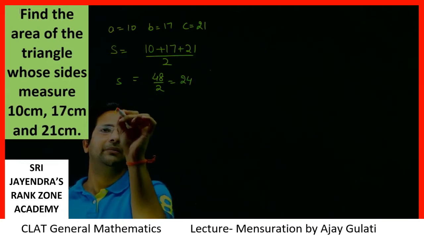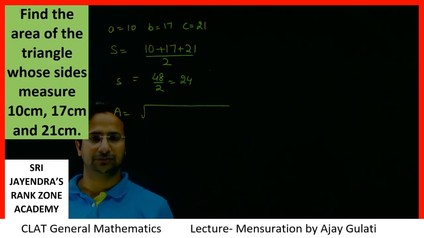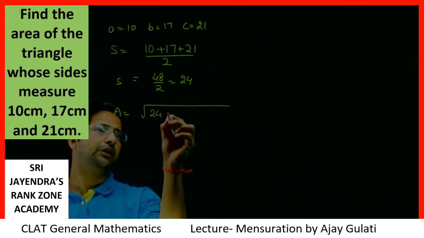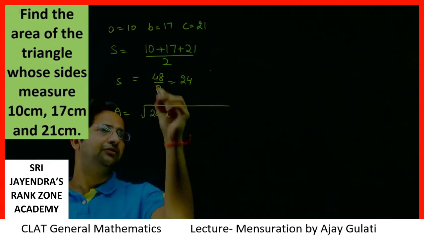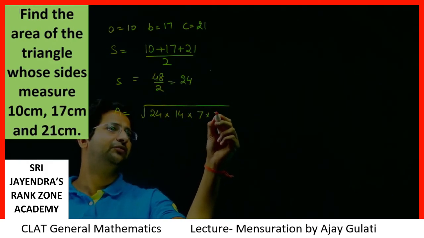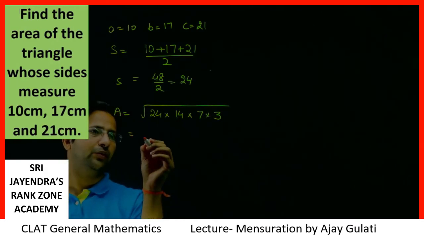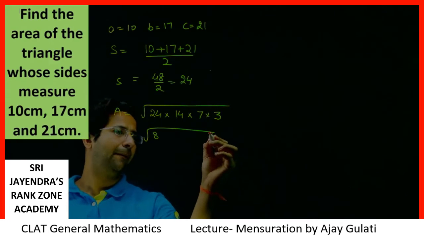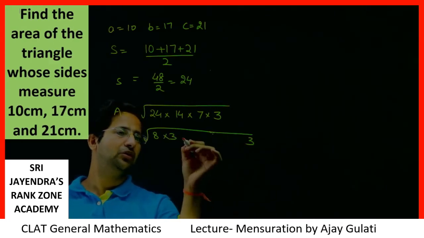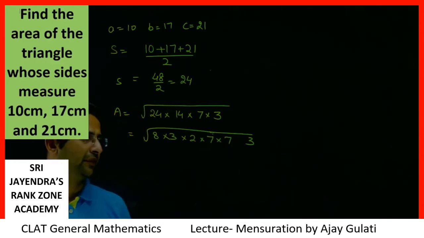This is the semi-perimeter. Now what will be the area, dear students? Area will be under the root 24 into (S minus A) 14 into (S minus B) 7 into (S minus C) 3. So what else do I have? I write this 24 as 8 into 3. 14 I write as 2 into 7, then I have a 7.